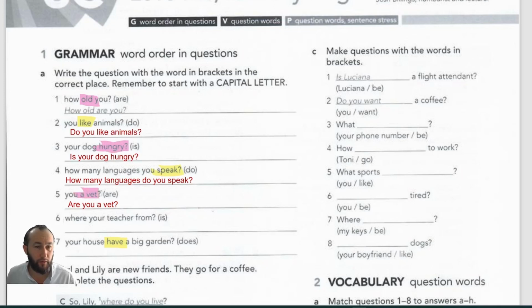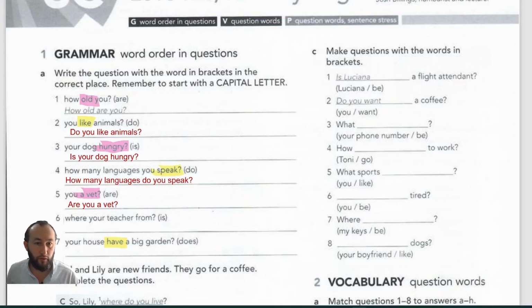A vet is a noun. It's a job. We don't have a proper verb, so we're using am, is, are. For example, your teacher from where? Where is your teacher from? We don't have a proper verb here. So we got where is the question, your teacher is the subject, from is a preposition. So we don't have a verb, so we're gonna use is. That is the main reason, guys.